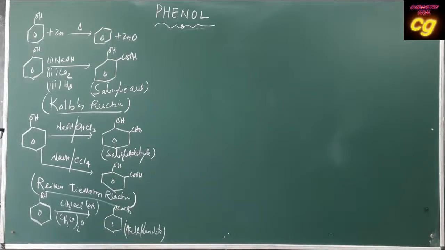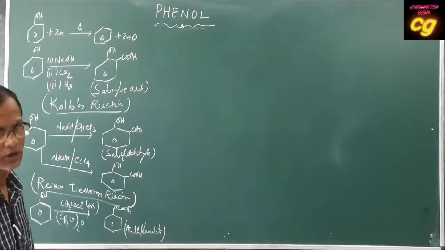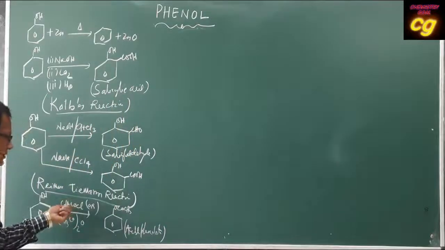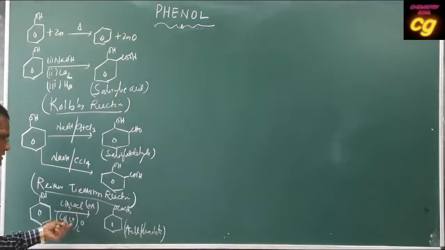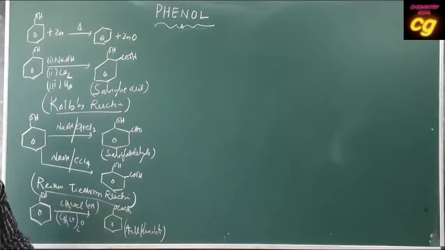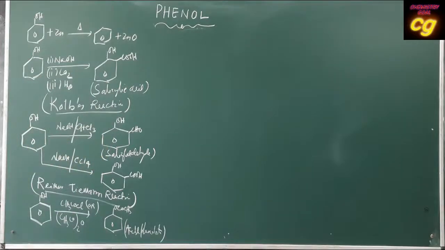So this compound is produced without taking aluminum chloride. If you take aluminum chloride, you will get ortho and para substitution. That is called Friedel-Crafts acylation. So if you use acetyl chloride or acid anhydride directly, then you will get the ester derivative of phenol. So this reaction is also very important.